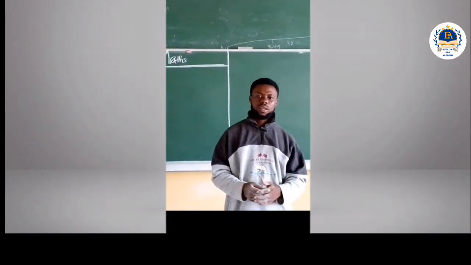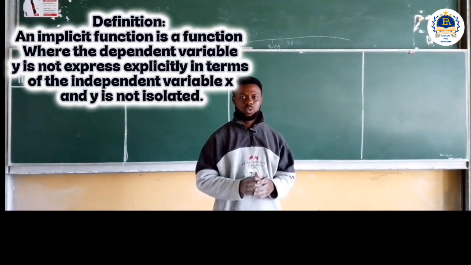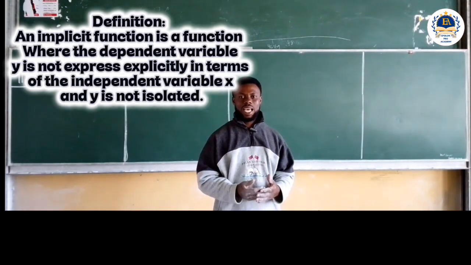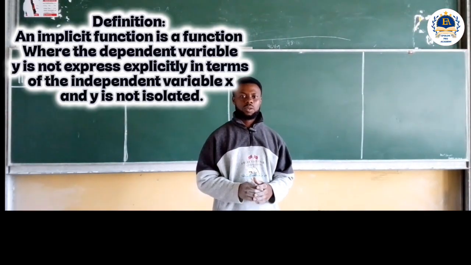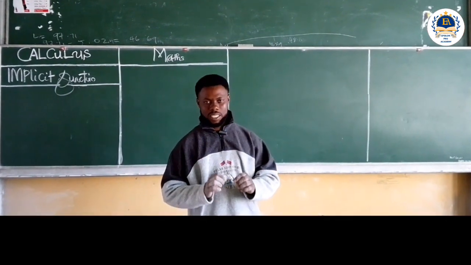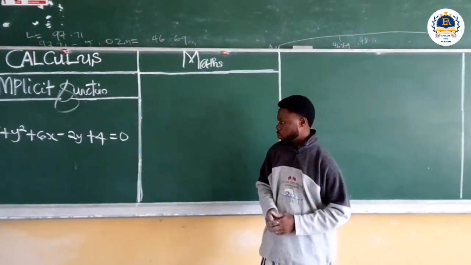So by definition, an implicit function is a function where the dependent variable y is not expressed explicitly in terms of the independent variable x. Now let us consider some of the examples of an implicit function in mathematics. So let's consider this example number 1 on the board.